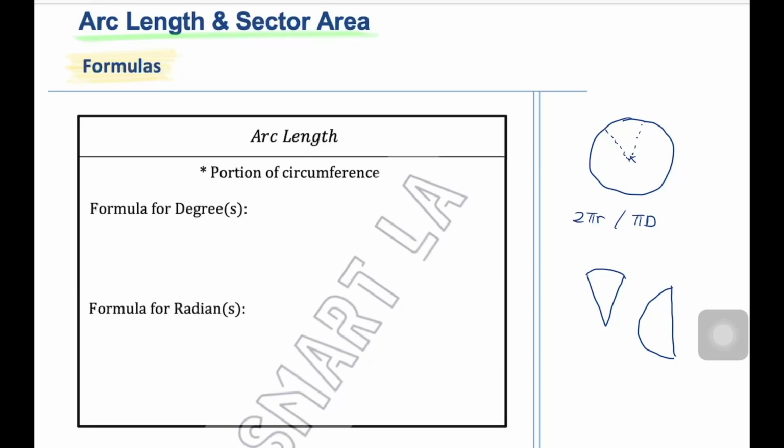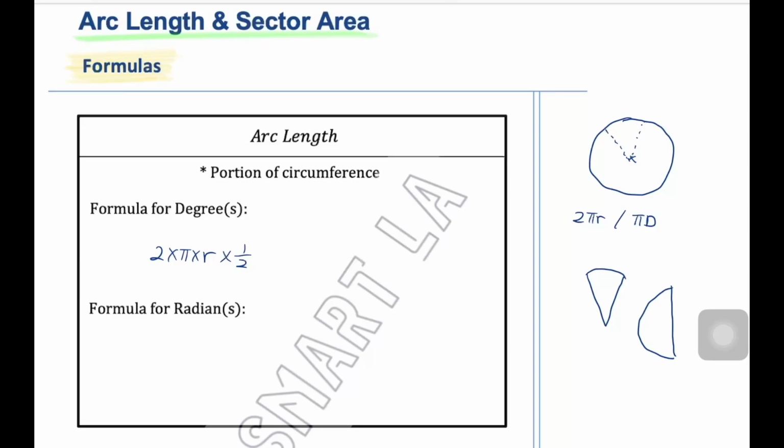I'll just take 2 times pi times r, and then I'll times half. Probably in lower secondary or in primary school, you will have already done that if they want you to find the circumference of a semicircle, which is in this case what we are doing. So arc length of a semicircle is like the circumference of a semicircle.